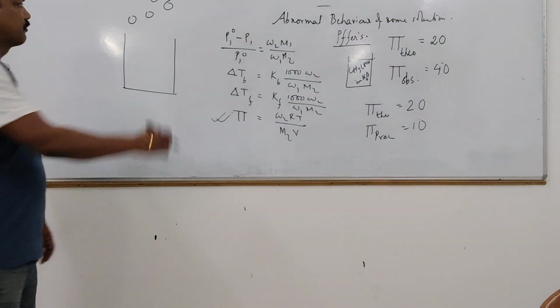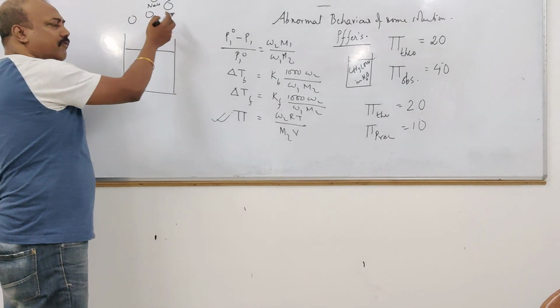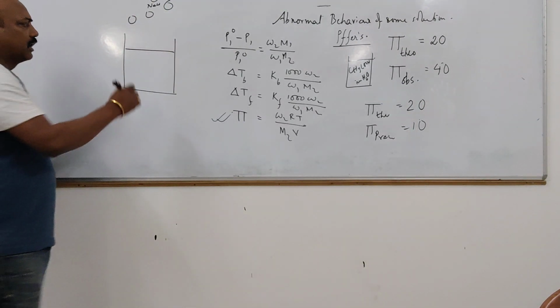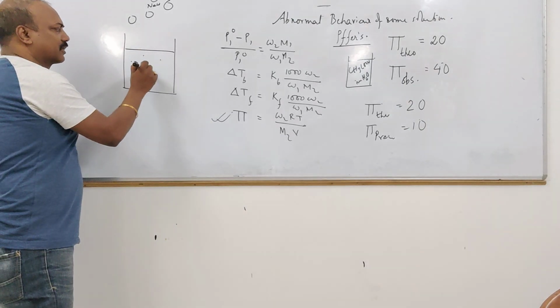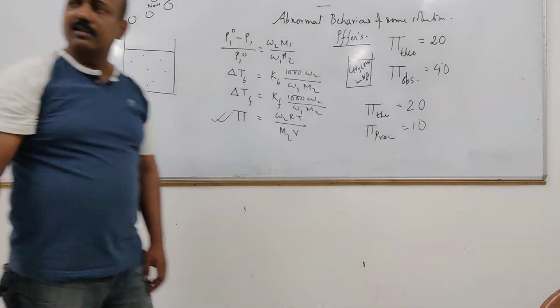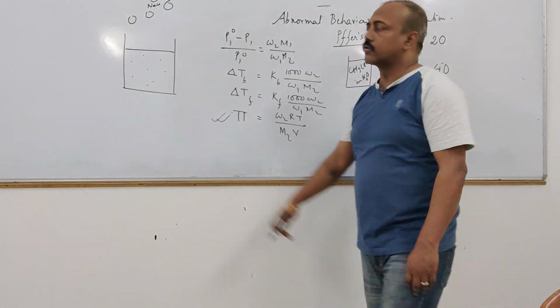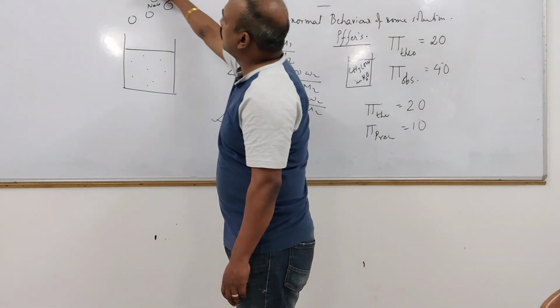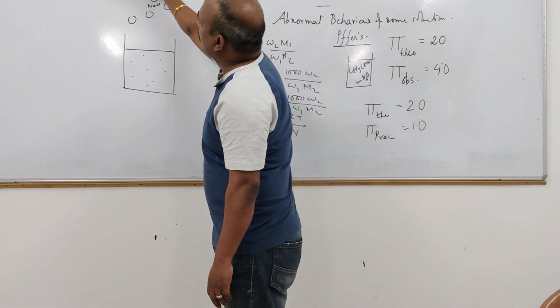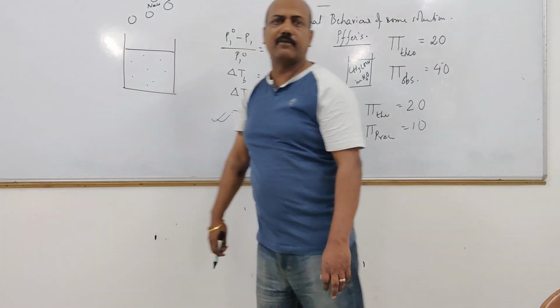But whenever they go into solution, now there are 8 particles: 1, 2, 3, 4, 5, 6, 7, 8. Why 8 particles? Because sodium chloride is breaking down. One sodium chloride breaks down into sodium positive and chloride negative.